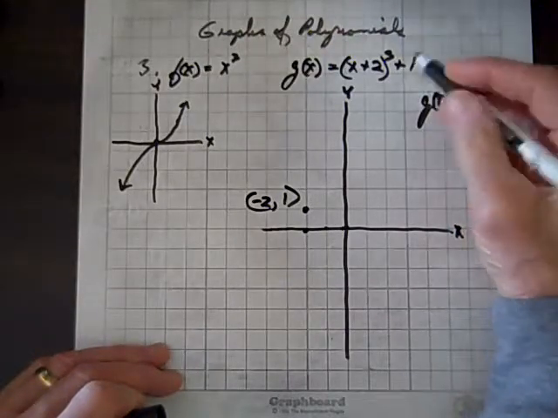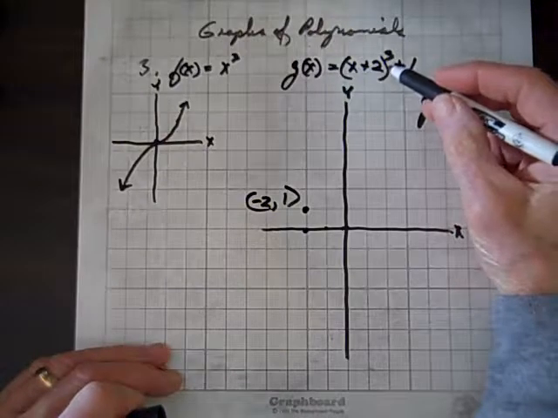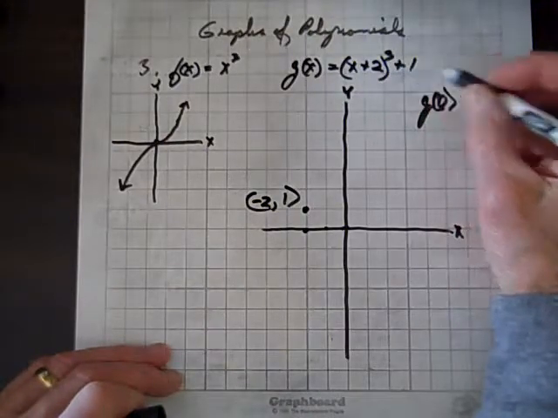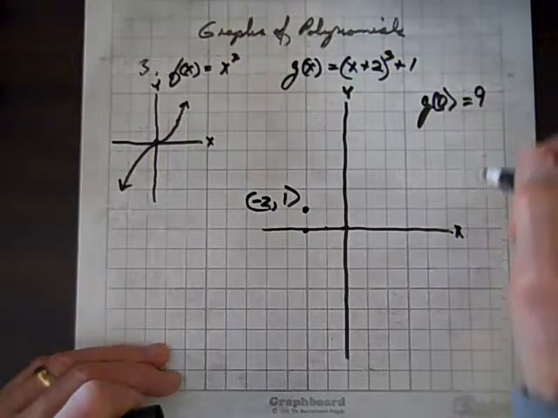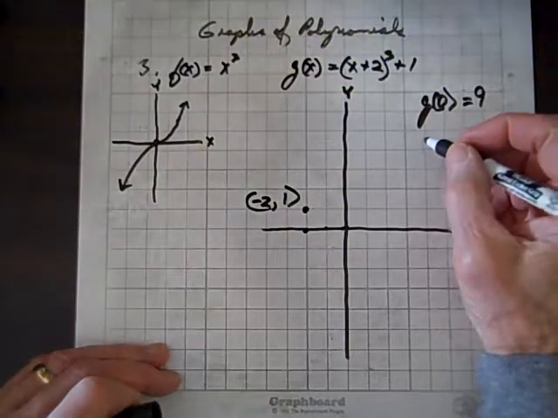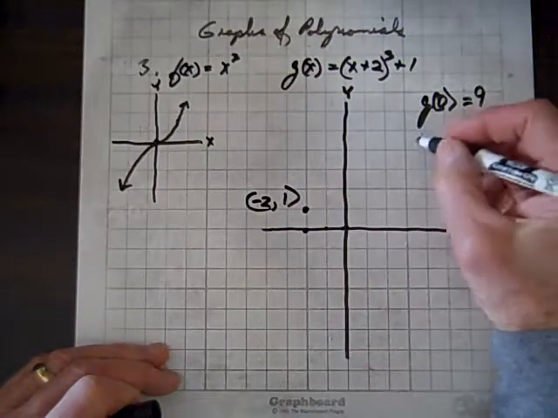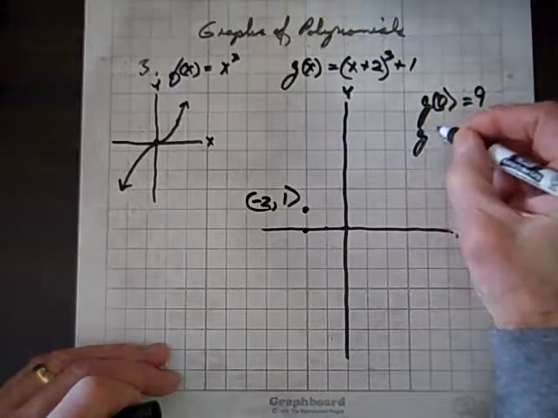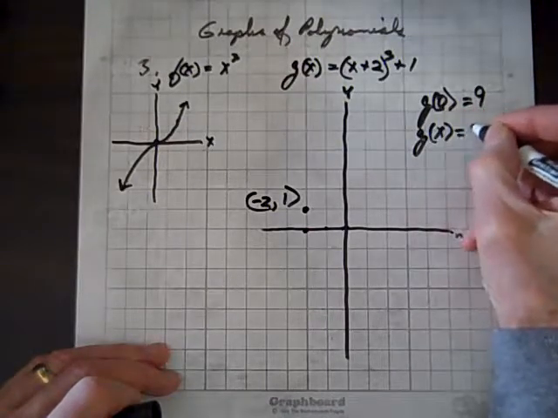And g of 0, if you replace x with 0, you'll have 2 cubed, which is 8, plus 1 is 9. Also, now we have to find the x-intercept, so we'll set g of x equal to 0.